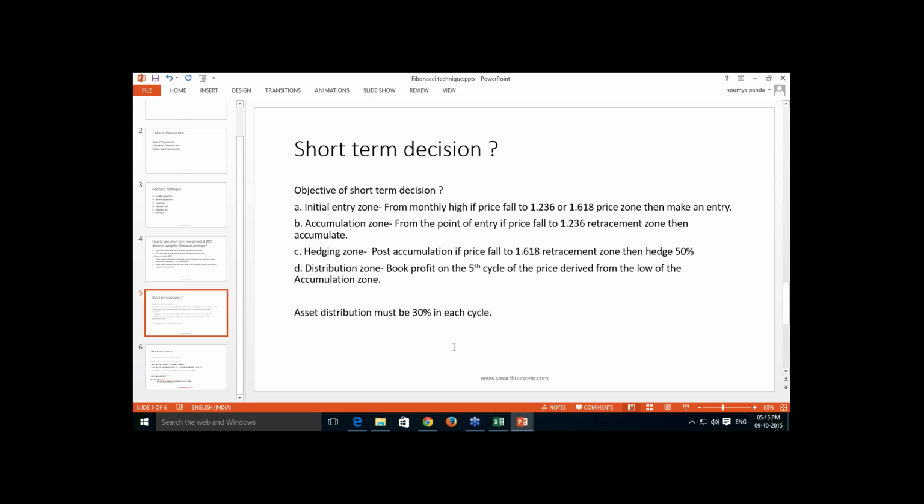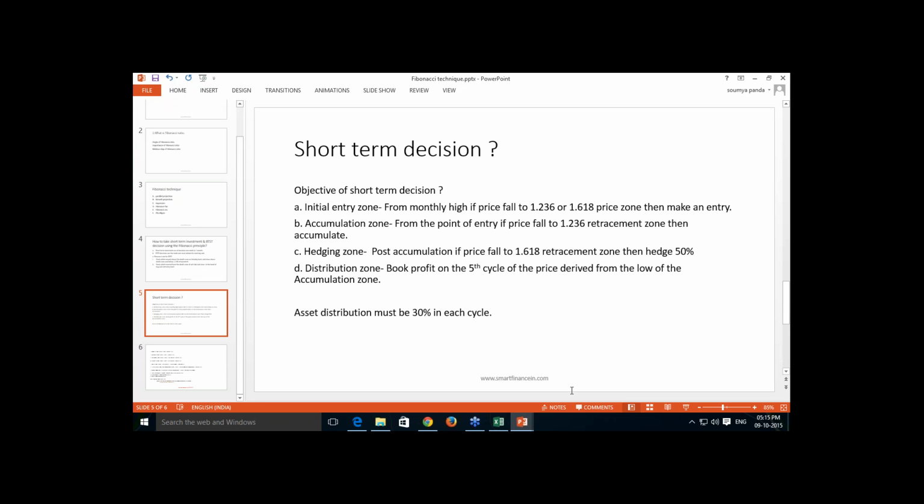At the same time, the investor will not take any additional risk or aim for a long-term movement of a price value, or your price to book value, or any multiple of your EPS and all. The investor's objective is very small.